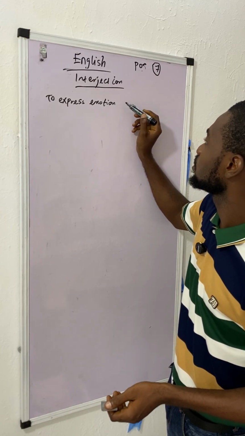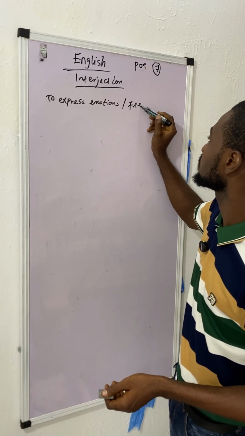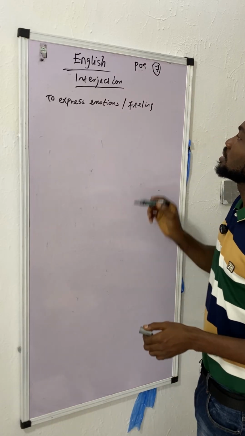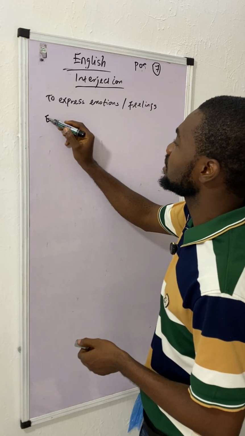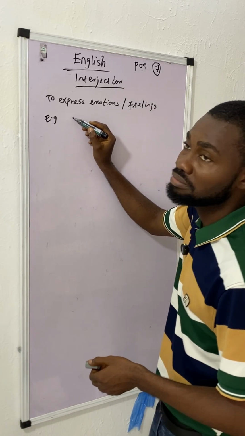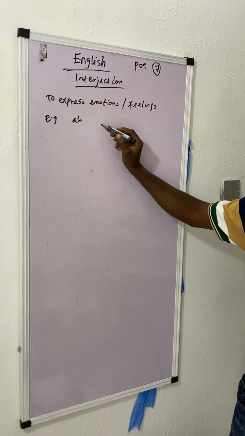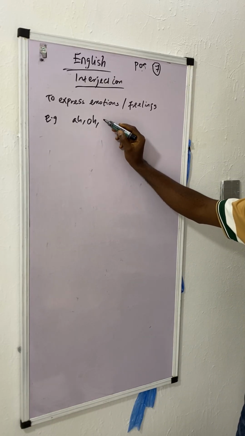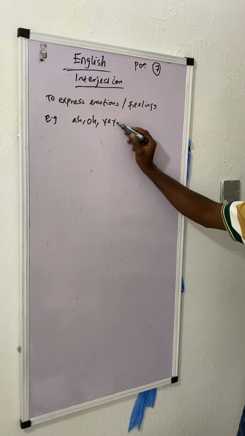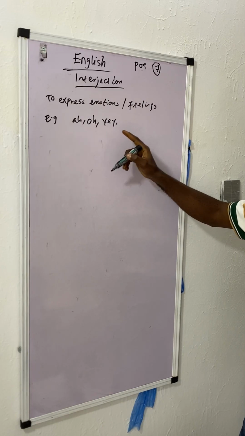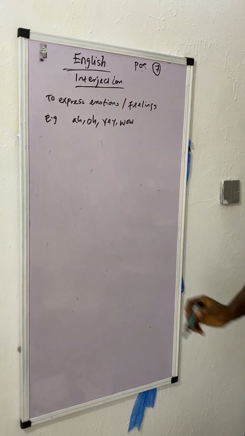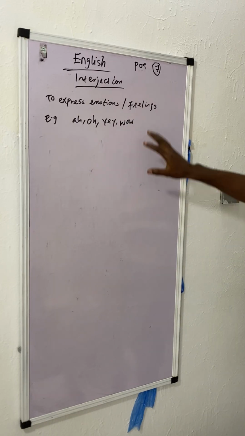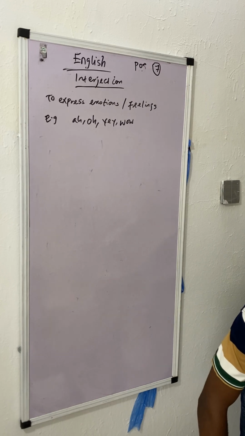These emotions can be anger, excitement, and so on and so forth. They include words like ah, oh, yay, wow. There are many. So that is the function of interjection. I think that will be all about interjection.